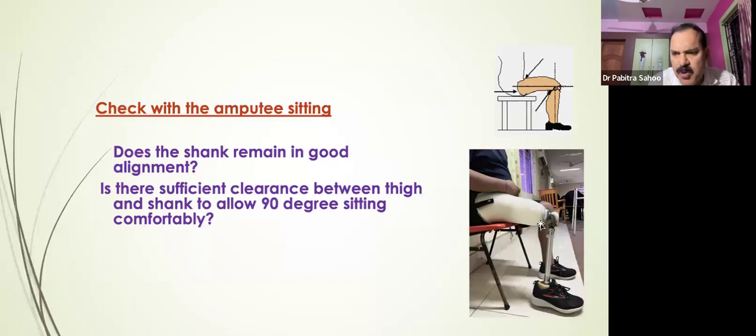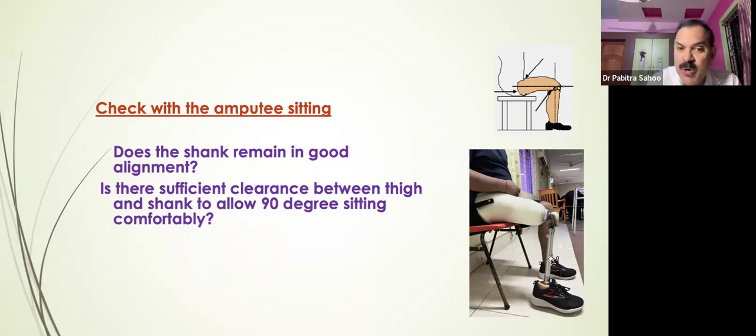That means if you give a cover in modular, or in the case of a conventional or exoskeletal prosthesis, if the shank component hits the socket component, it will not allow 90 degrees of flexion. If the patient can comfortably sit at 90 degrees with the shank vertical to the floor, that indicates adequate clearance between the shank and the socket.